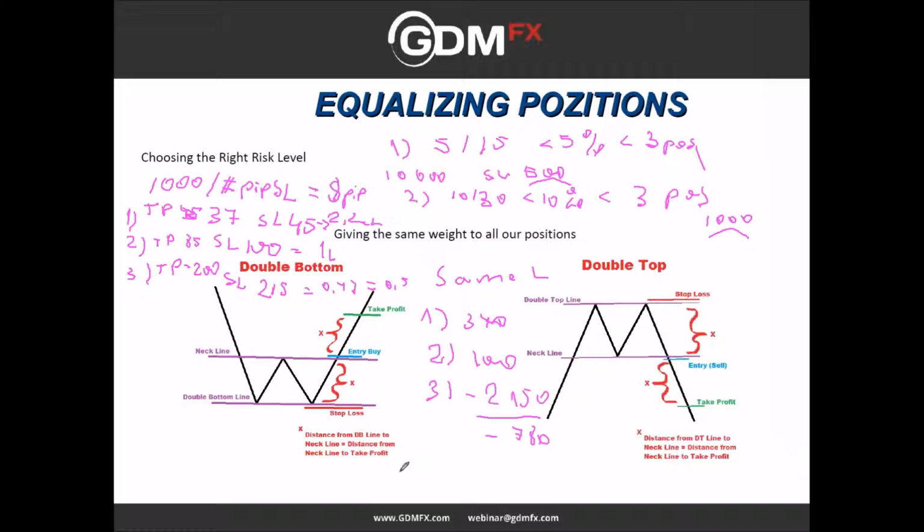This drives us to our next example. This will be our equalized positions. The first position, as we see the example up here, will have a profit of $814, because as we can see, that's 2.2 lots.